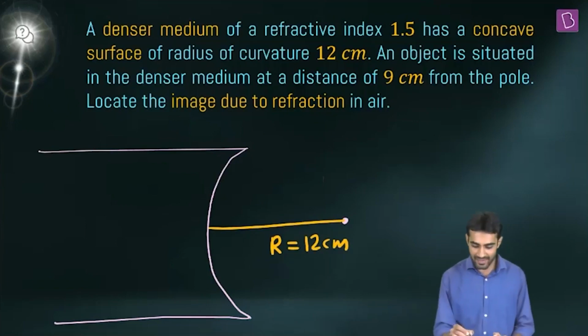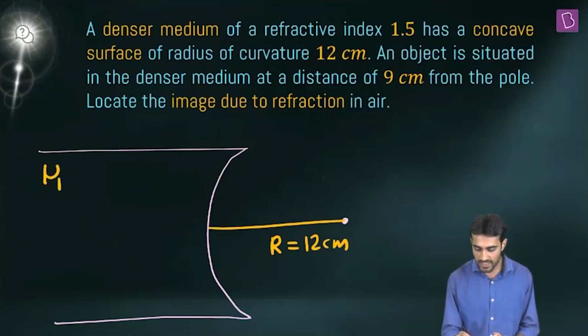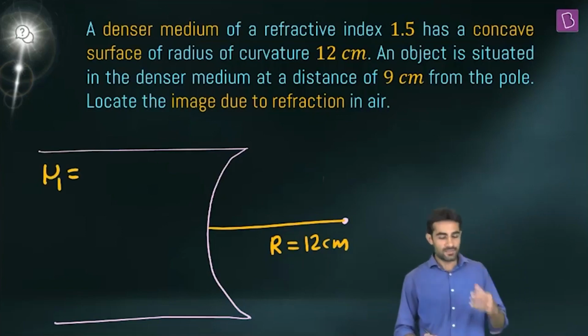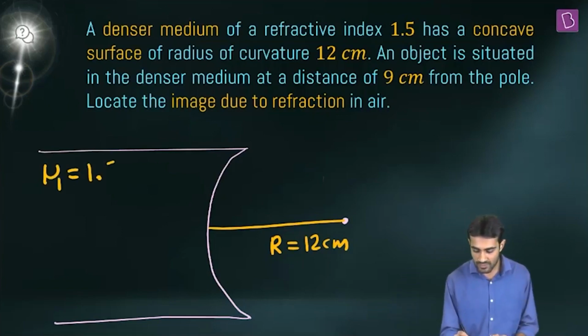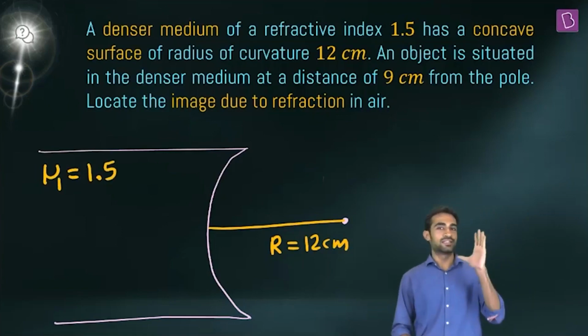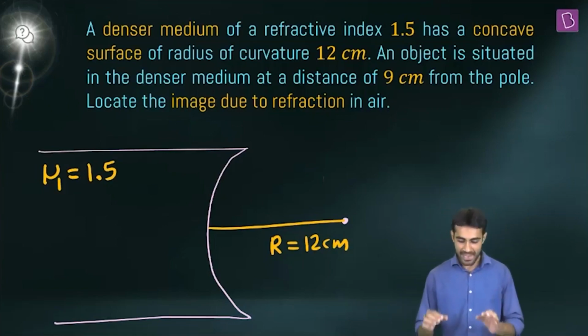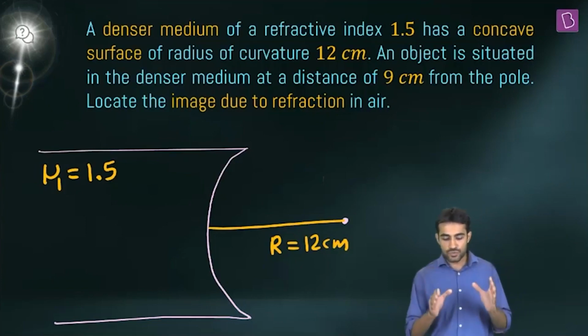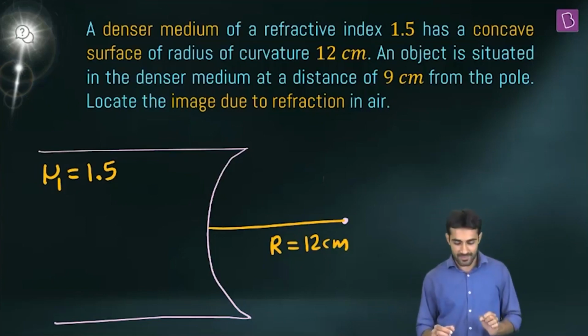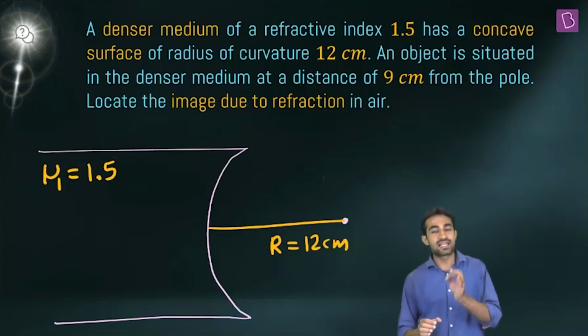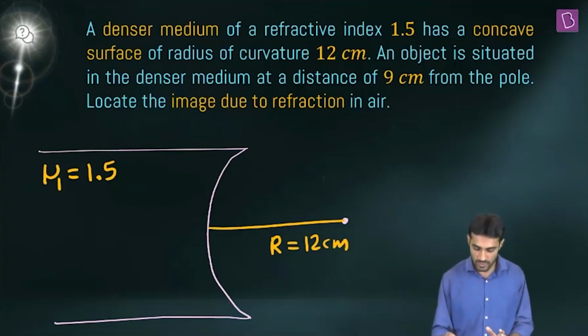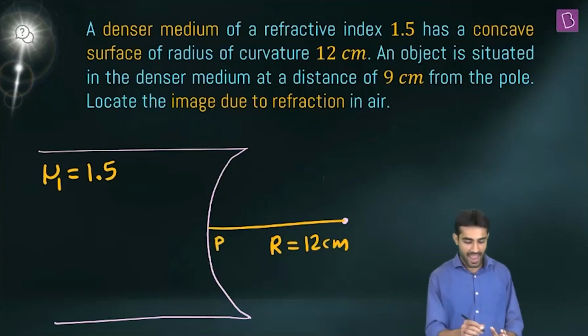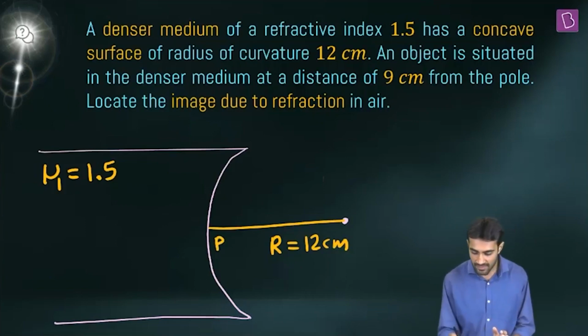Nice. And we can see that our first medium is optically denser medium. Its refractive index is 1.5. Good. This is the given information. An object is situated in the denser medium at a distance of 9 centimeter from the pole. So this is our pole, and at a distance of 9 centimeter from the pole we have our object.